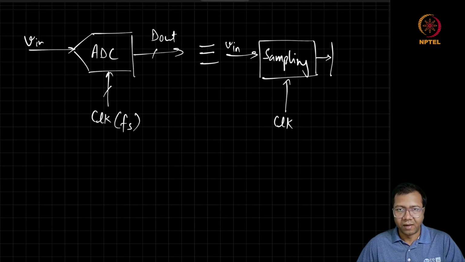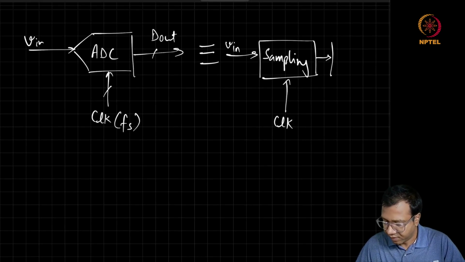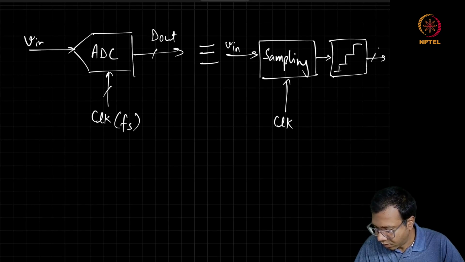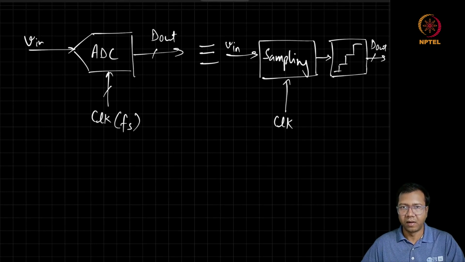As we have already seen earlier, based on the value of the input voltage, we can assign it one of the predefined bins of an ADC. So this process is also called quantization. So this quantizer is going to generate the final digital output.